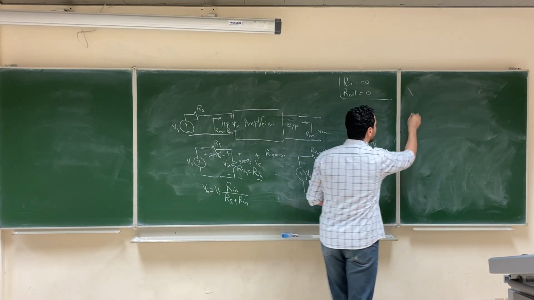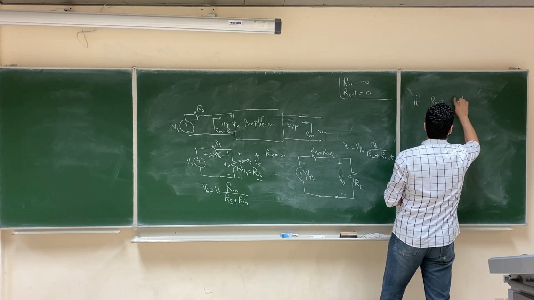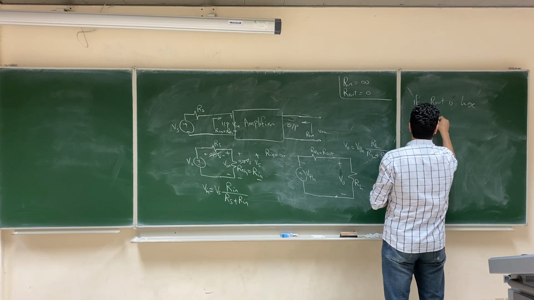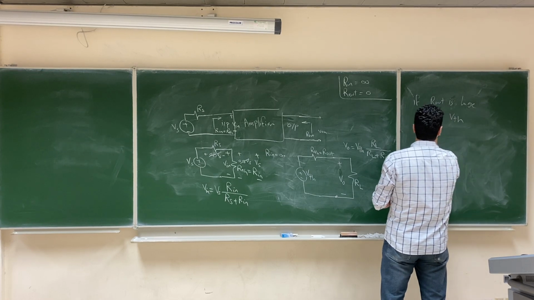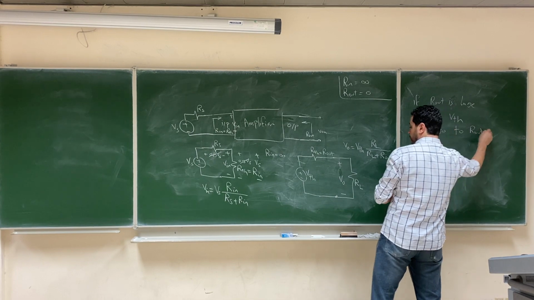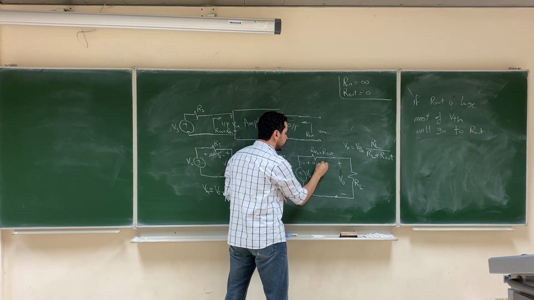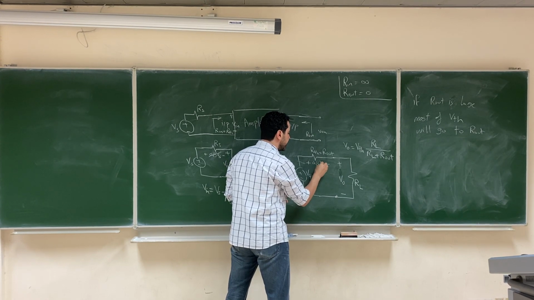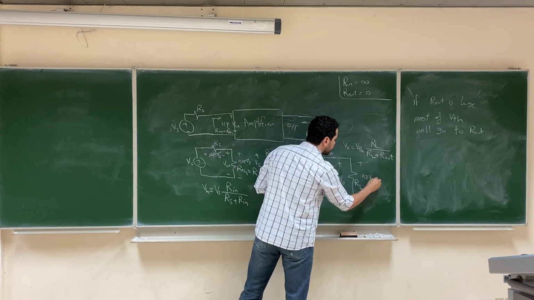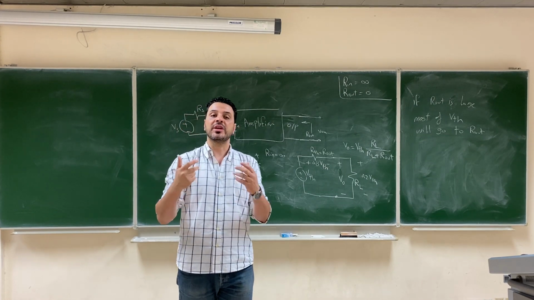So for example, 0.8 of V Thevenin will go here, while only 0.2 of V Thevenin will go here, which again is not efficient, which again doesn't make sense.